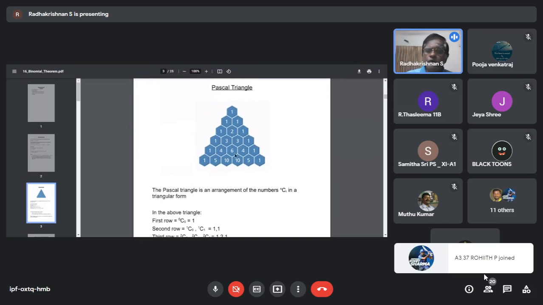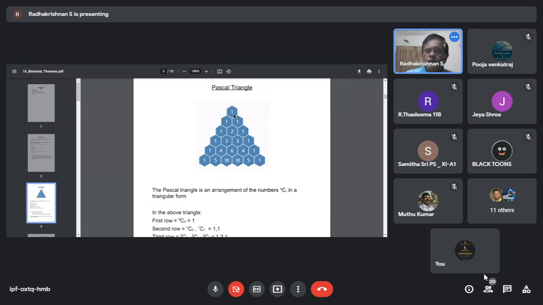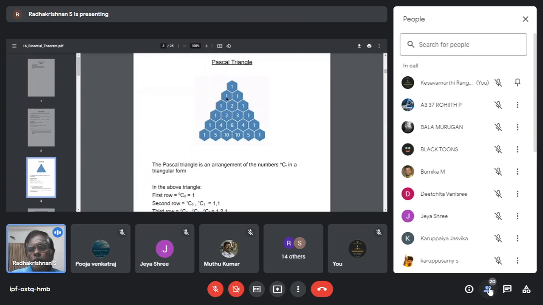The first row we write as 1. In every following row, the first and last places are 1. After that, for the middle terms, we simply add the terms just above. Take this term: above it there is 1 and 1, so it adds up to 2.